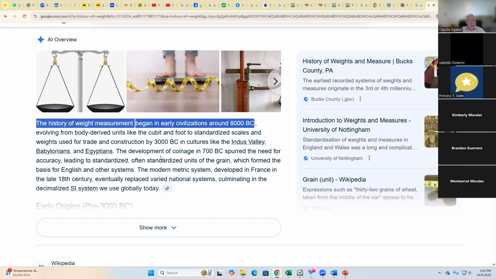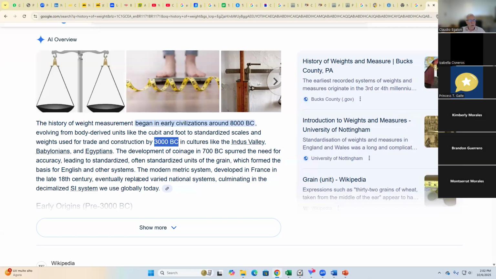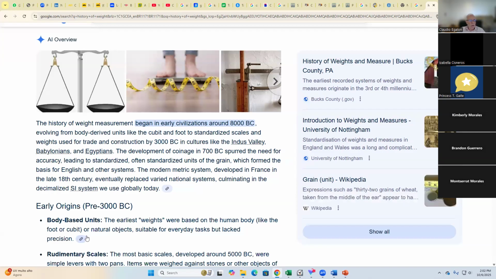This idea of the weight has been around for a long time, evolving from body-derived units like the cubit and foot to standardized scales and weights used for trade and construction by 3000 BC in cultures in the Indus Valley, Babylonians and the Egyptians.